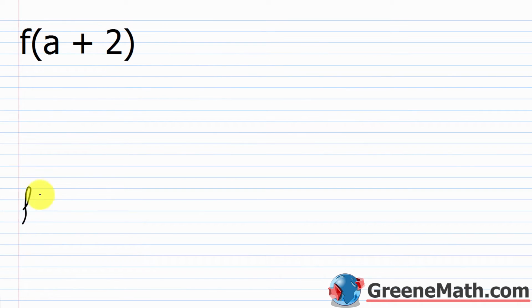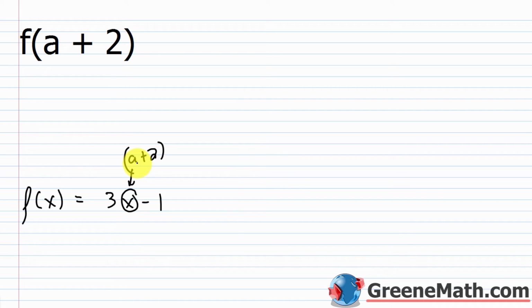So again, our function is f of x is equal to 3x minus 1. So what if you see something like f of a plus 2? So you've got a binomial there. What do I do? Again, if I had f of 3, I'd plug a 3 in for x. If I have f of a plus 2, I plug in an a plus 2 for x. So a plus 2.